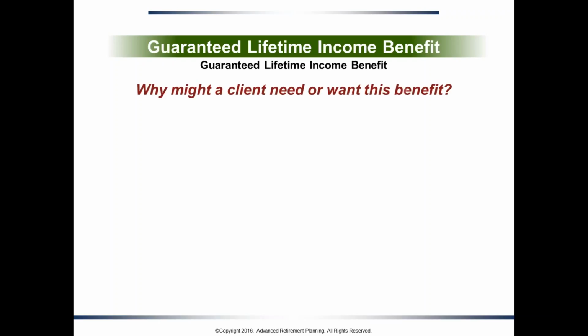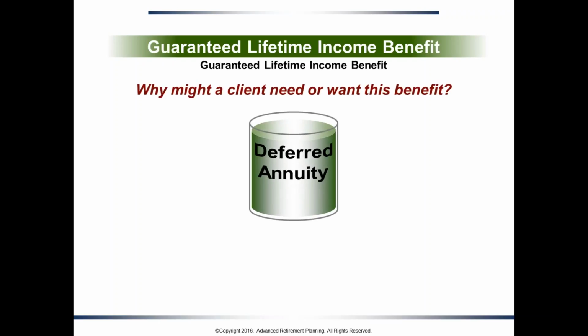So let's take a look at this. The first thing we always want to answer, anytime we're talking about an additional rider or benefit, particularly one that generally comes with a fee on an annuity or really any type of product, is why would a client need or want this. Take our typical deferred annuity.